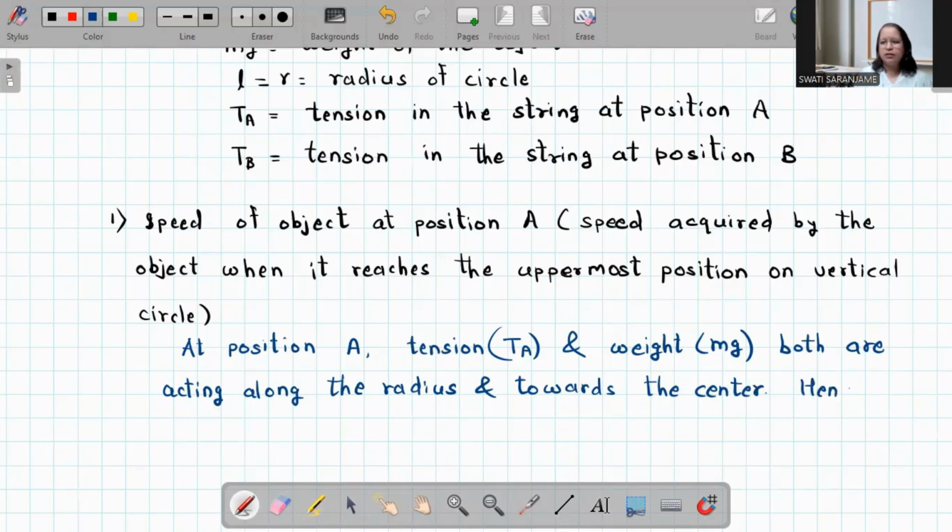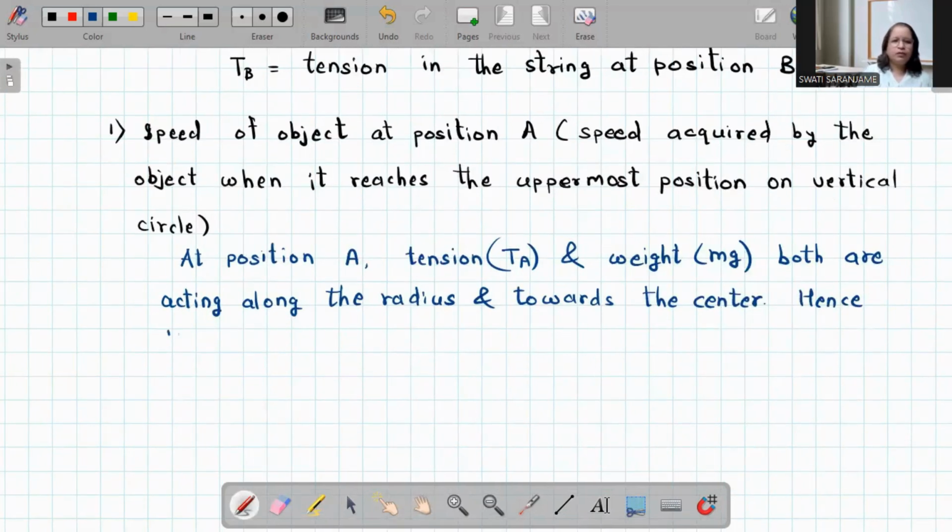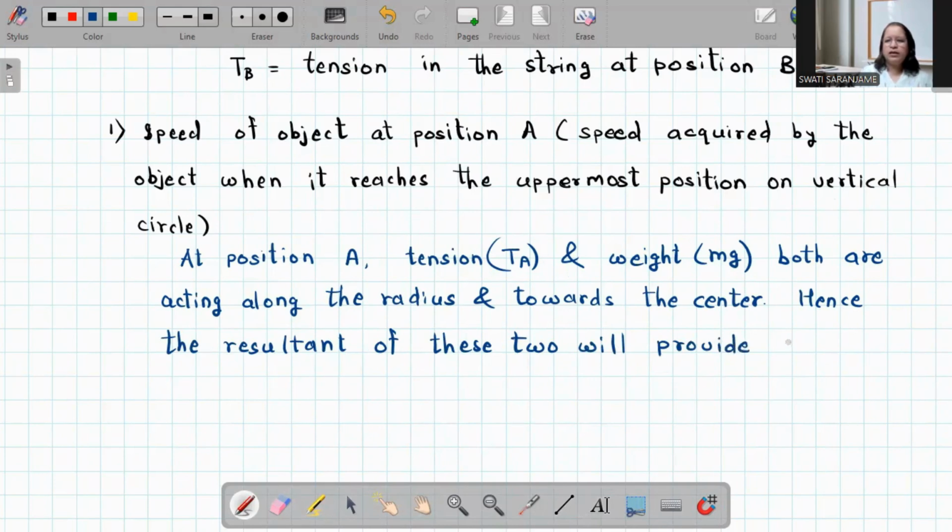Hence, the resultant of these two will provide the necessary centripetal force. Let's write this. Resultant of these two will provide the necessary centripetal force.